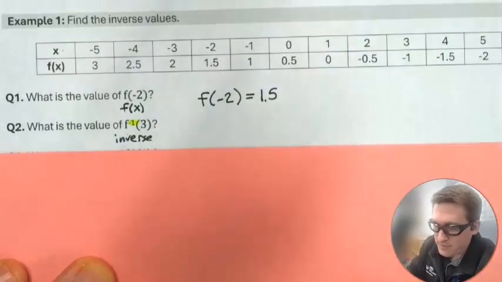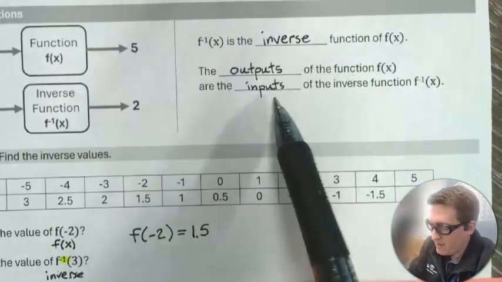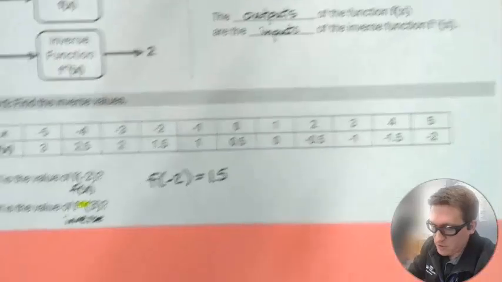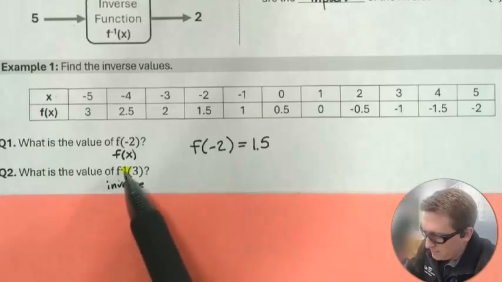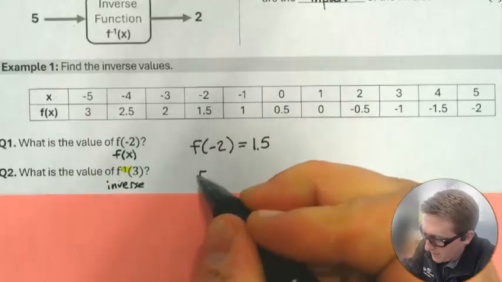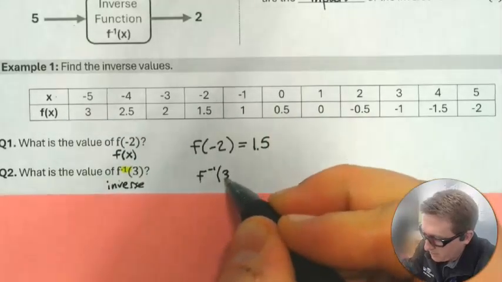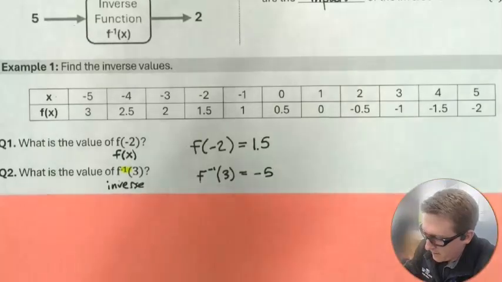An inverse is the outputs of the function are the inputs of the inverse function. So you're actually just going to go backwards. You're just going to go in the opposite direction. When it wants the inverse of 3, I actually look at this 3 and I go backwards, and I find out that the value that would give me a 3 would be a -5.